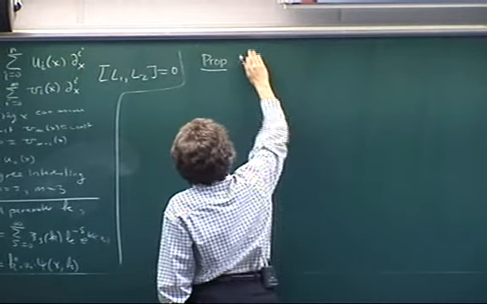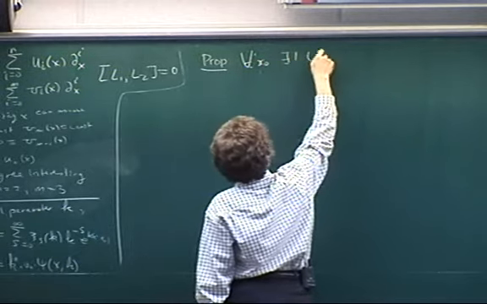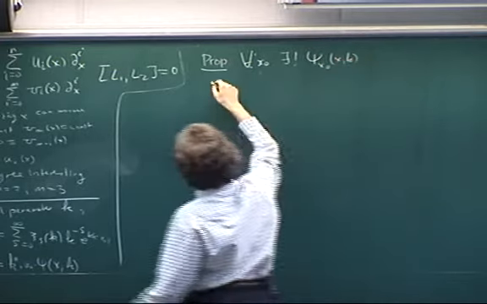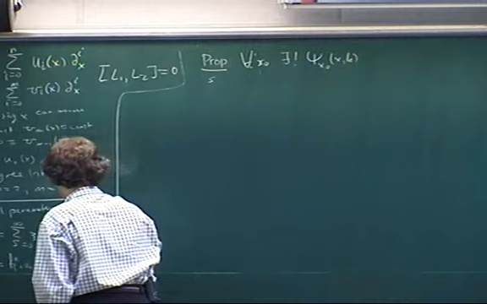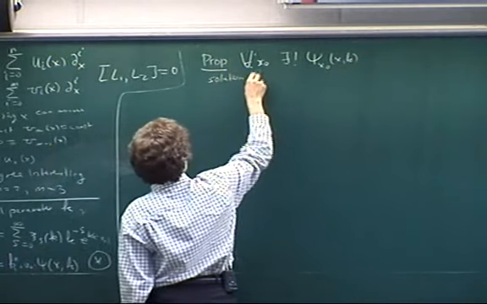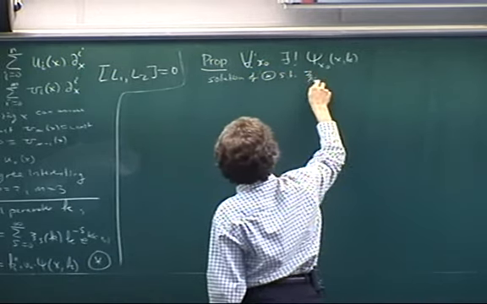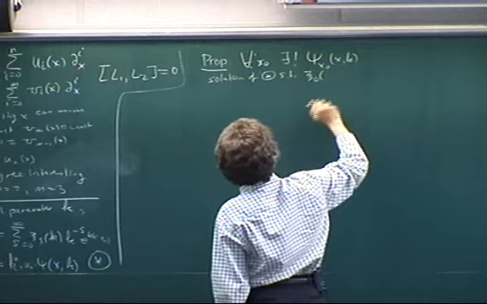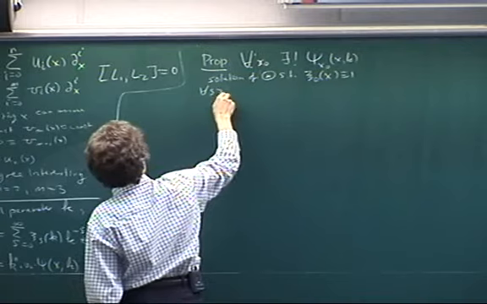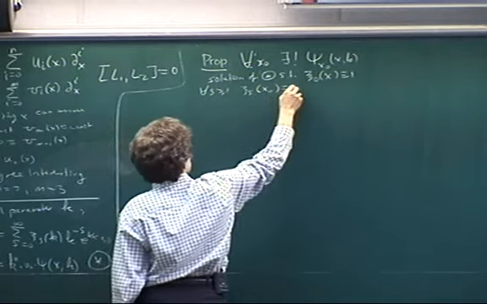That there exists, for any x naught, a unique psi_{x naught}(x, k) solution of this thing such that it's normalized by saying that psi_0 of x is identically 1, and for any s greater than or equal to 1, the value of psi_s at x naught is 0.